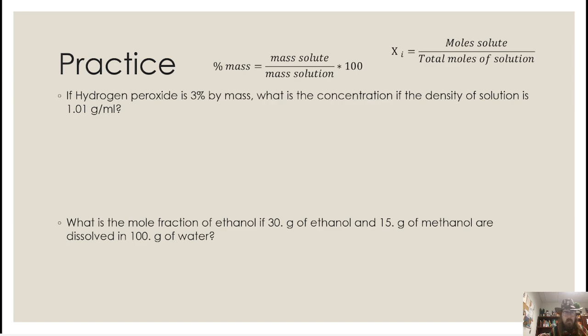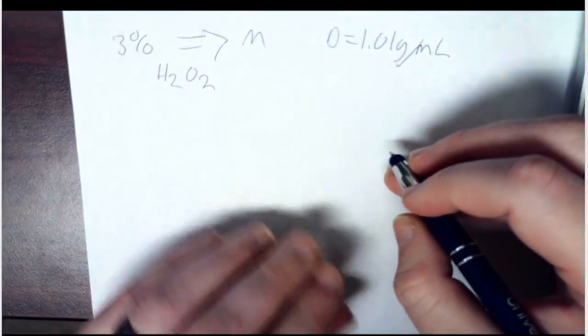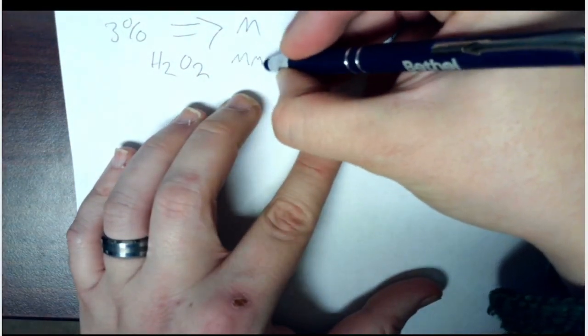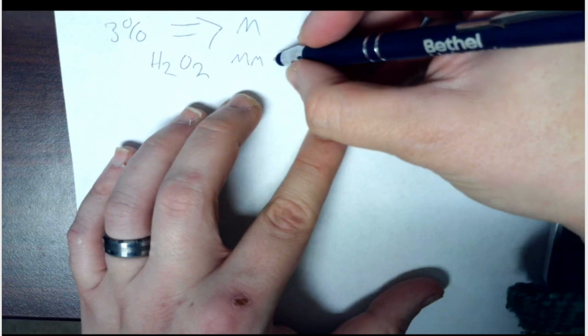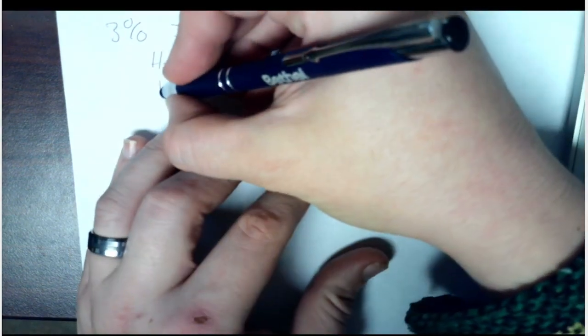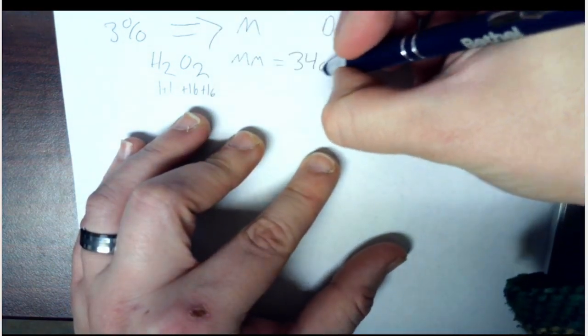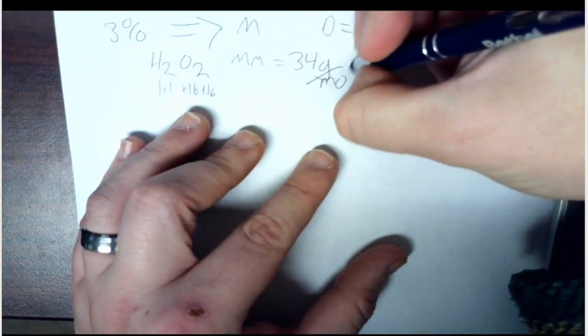To do this, we need to know, real quick, what is hydrogen peroxide? Hydrogen peroxide is H2O2, with a molar mass of 1 plus 1 plus 16 plus 16, so we have a molar mass of 34 grams per mole.